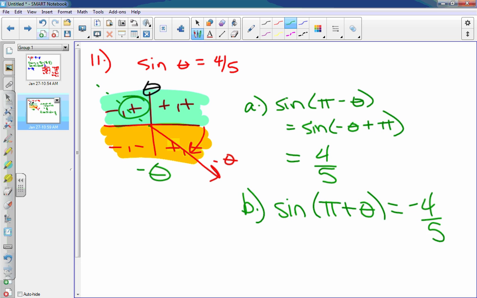It's basically adding a half circle to it. It's understanding that if you're in quadrant 3, adding pi units to it makes the sine value become positive. If I'm in quadrant 2, adding pi units to it makes it turn to a negative sine value. Because the sines for all of theta are still going to be 4/5, right?